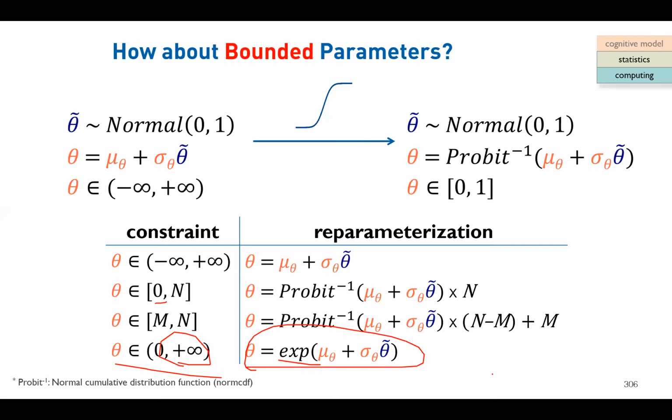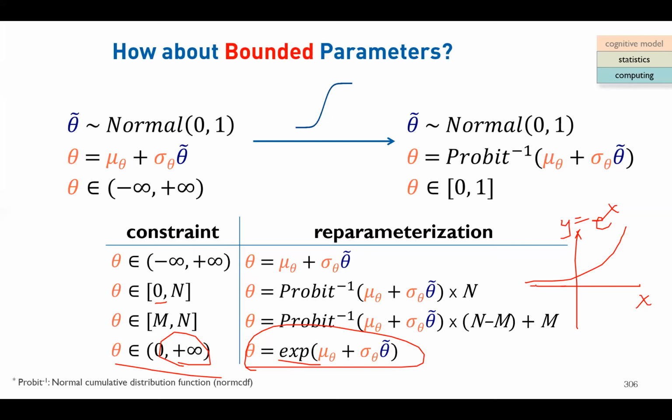You recall the exponential function: if this is x, this is y, and y equals e to the power of x, we will have something like this, right? This is something we learned from high school, I guess.